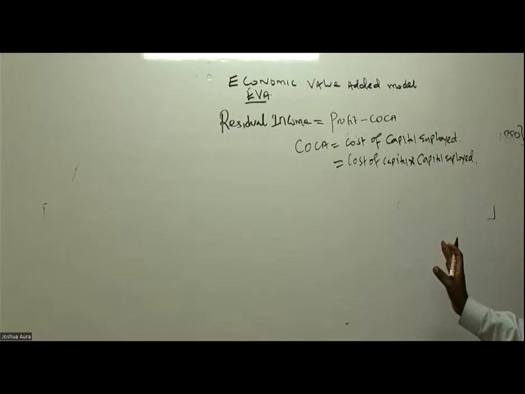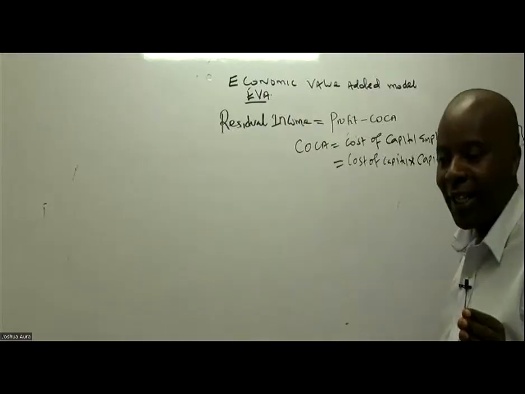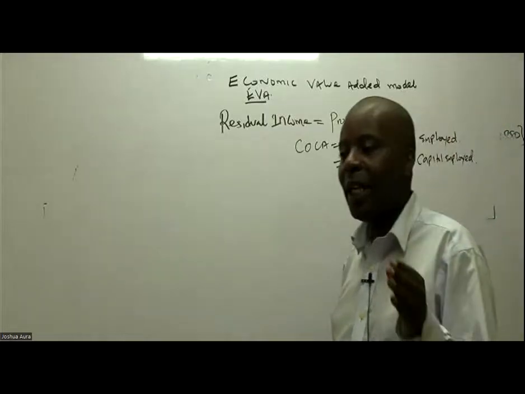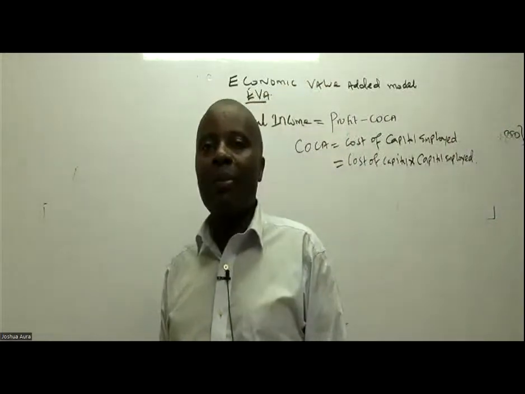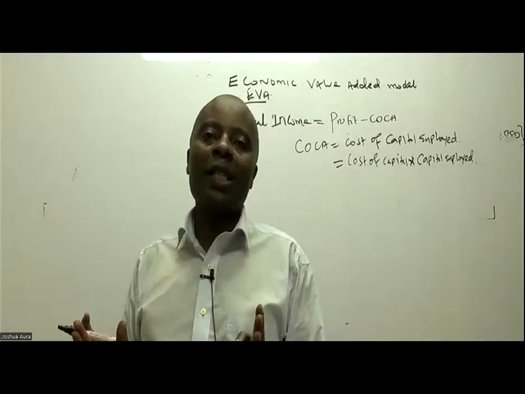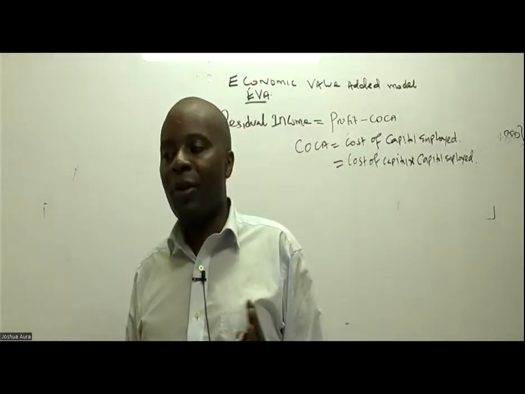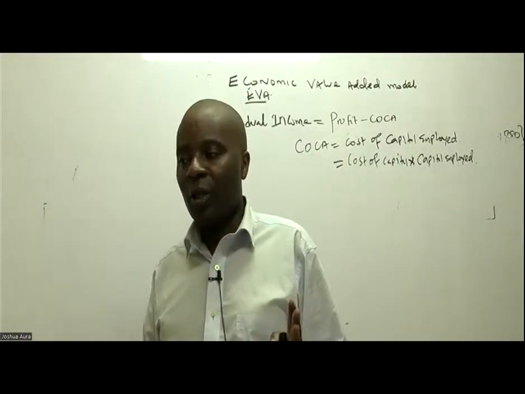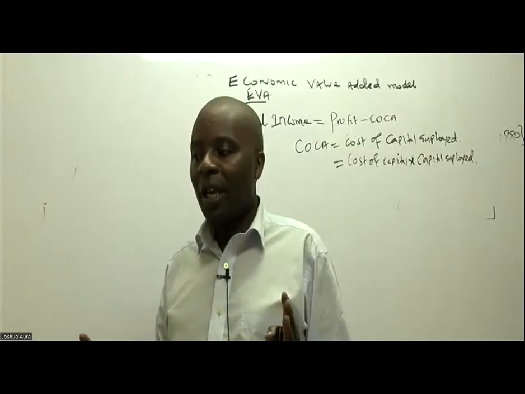Because we look at how much capital was employed at the beginning of the year, and this capital was able to deliver profit. So it is cost of capital times capital employed.